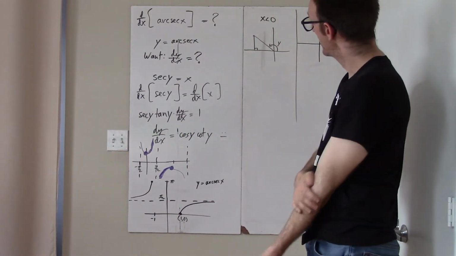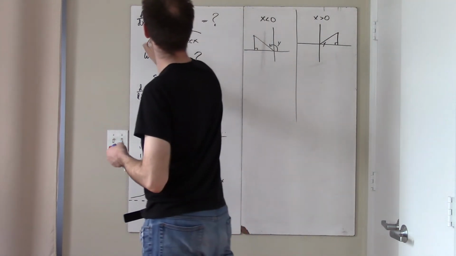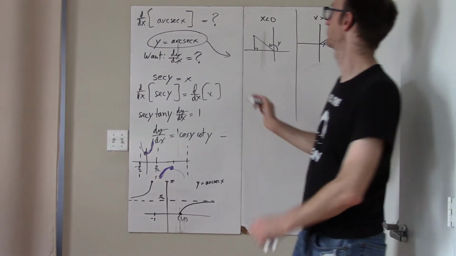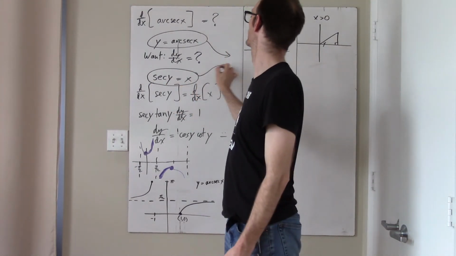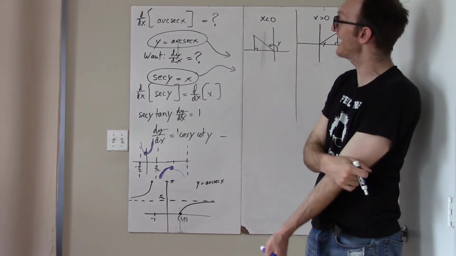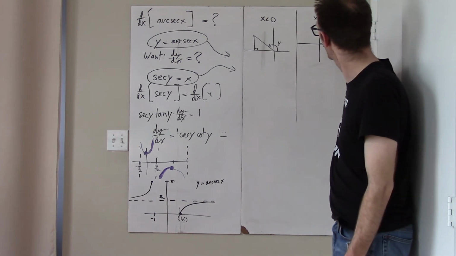We're just going to do it. If x is positive, then if I want to draw a picture of y equals arcsecant, maybe this is the better relationship to try to depict. To draw a picture of arcsecant, I need an angle whose secant is x. So this is my first quadrant angle, which I'm calling y.